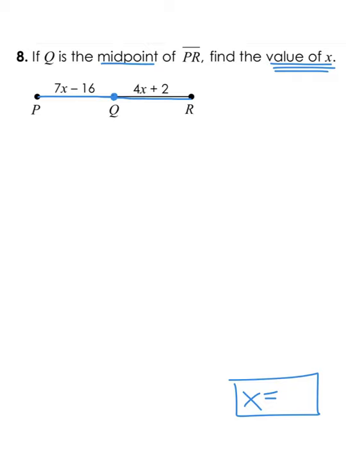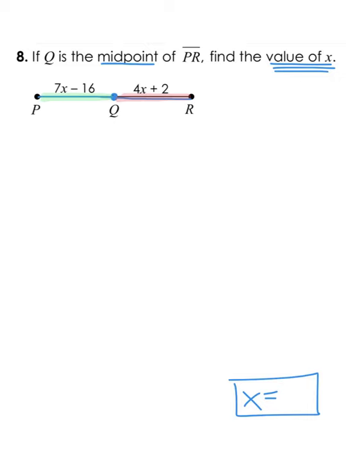So remember, midpoint means it's in the middle and both sides are congruent. So that means this side over here, and I'm going to kind of highlight it, to the left will be congruent or equal to this side on the right because Q is in the middle.